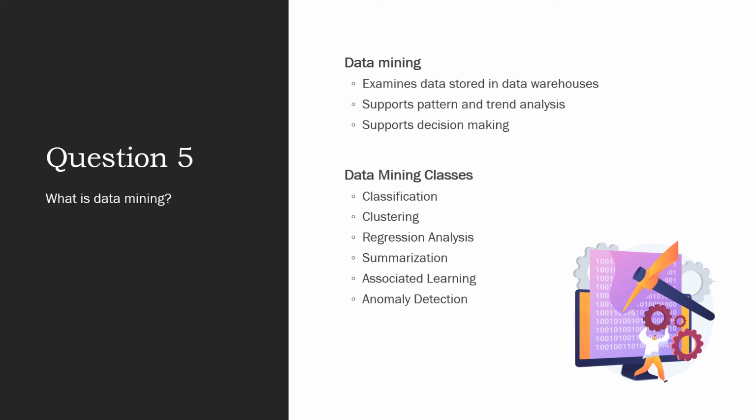For associated learning, this is a method that is similar to clustering, but it also tries to relate the data to a particular event or location. Now, the final data mining process, anomaly detection, simply looks for data that doesn't match any given pattern.